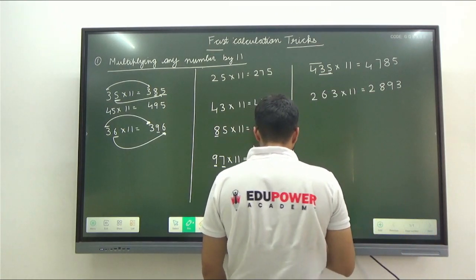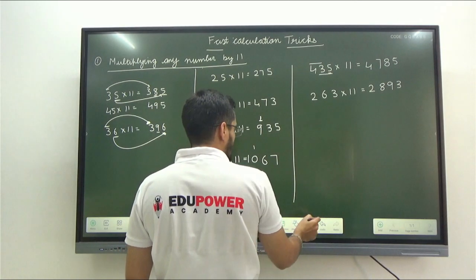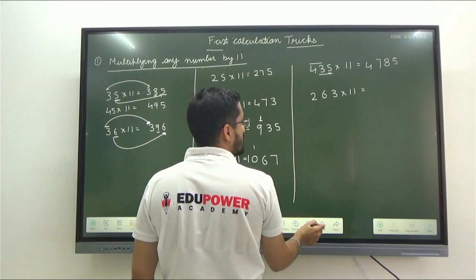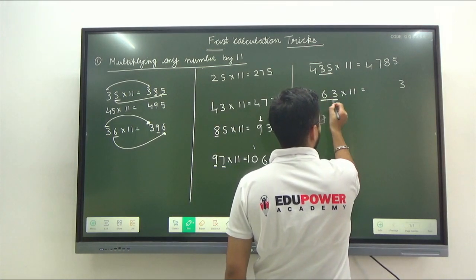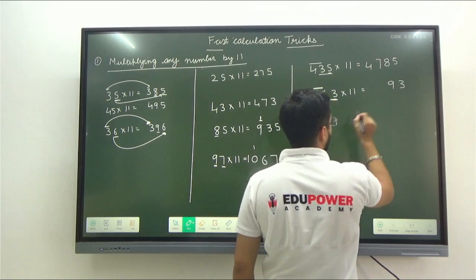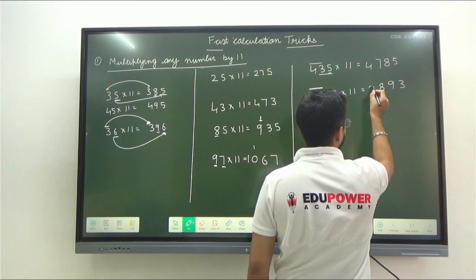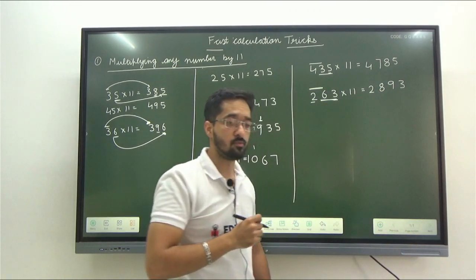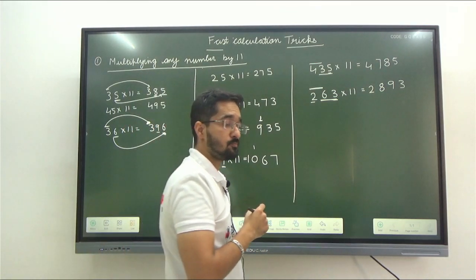Once again I am going to tell you here. 3 I write as it is, 6 plus 3 is 9, 9 I write here, 6 plus 2 is 8, 8 I write here, and 2 I write as it is, 2893. So the answer to this question is 2893.